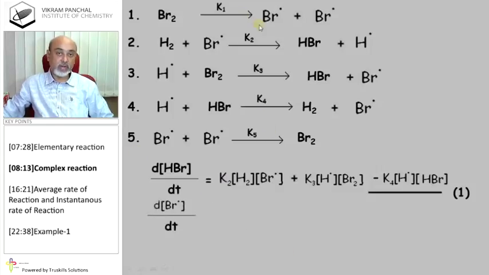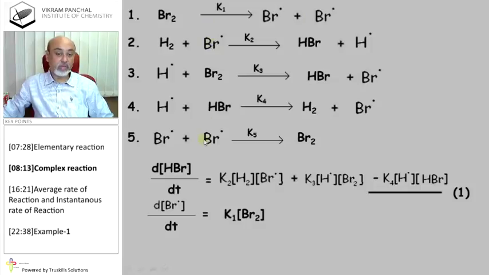Similarly, for the bromine free radical, we write the differential rate law d[Br dot]/dt is equal to K1 [Br2], because in this reaction bromine dots are products. In the second reaction it is a reactant.